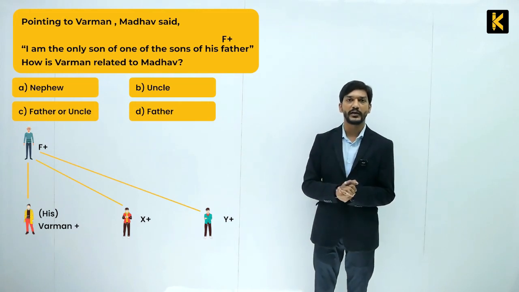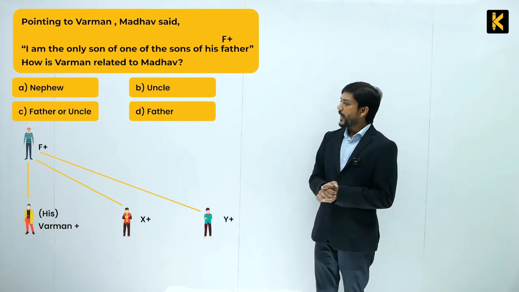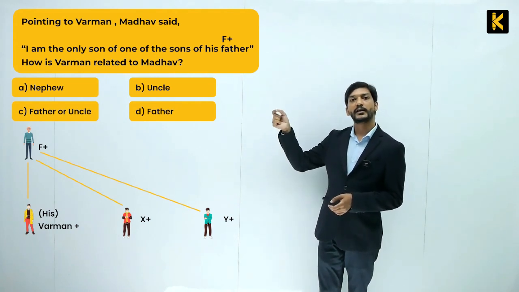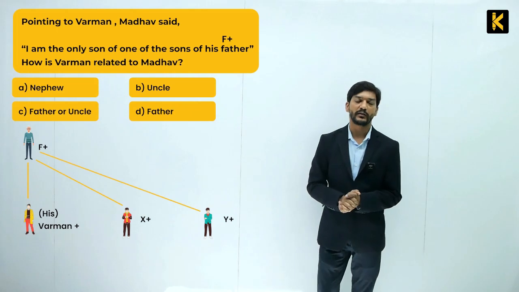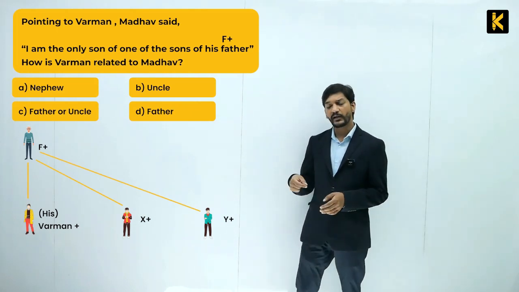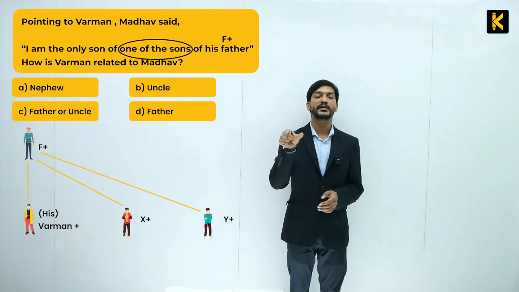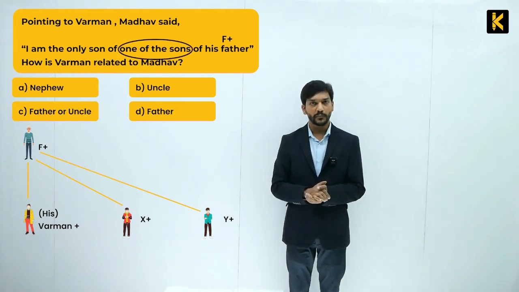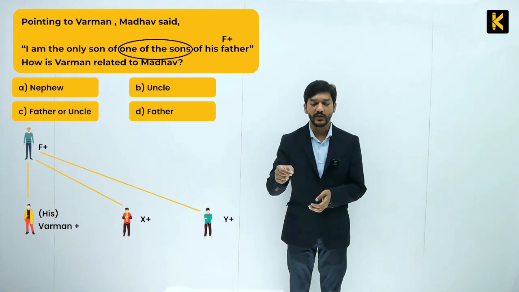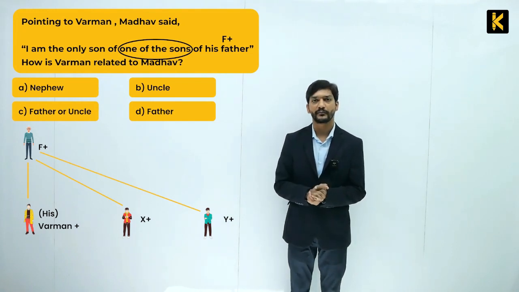In the next possibility, I will be taking Varman, then the father, then two more sons, which is X and Y. Okay. Now, I will be restarting with one of the sons part. Previously, I have taken one of the sons as someone who is other than Varman.